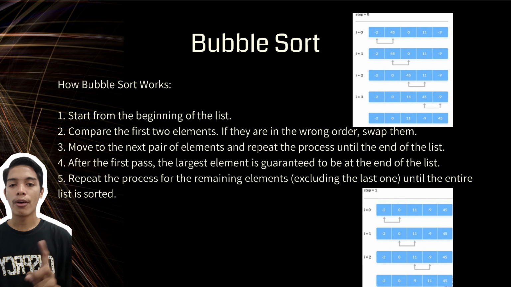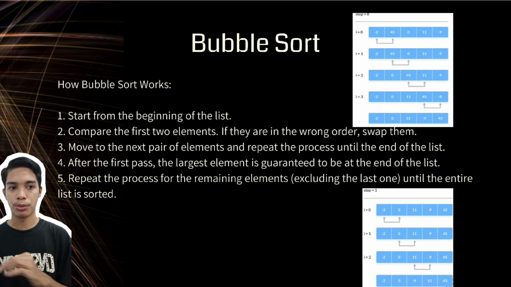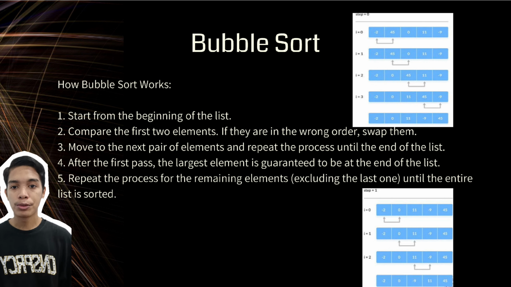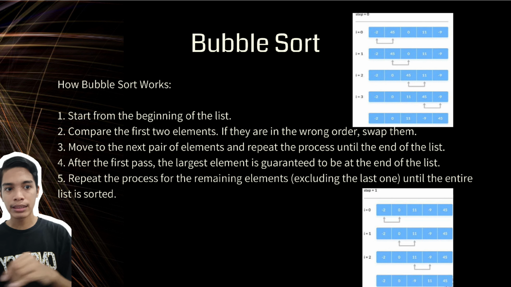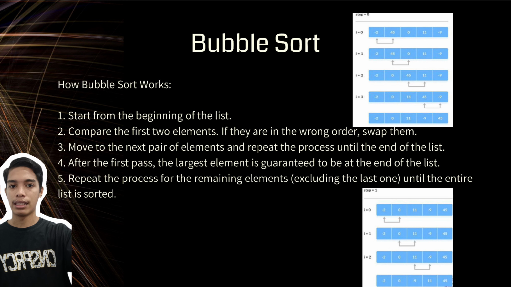If they are out of order, you swap them and move to the next step. Repeat the process until the end of the array. Then repeat the process for the remaining elements, including the last one. After the first pass, the last element is guaranteed to be in place, and the rest are repeated until sorted. And this is how bubble sort works.